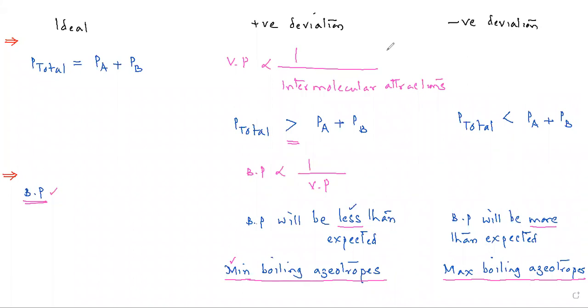Now, in this case, it will be less than 70. The azeotropic mixture will have a boiling point of less than 70 in case of positive deviation, more than 100 in case of negative deviation. Less than either of the two components is positive, more than either of the two components is negative. Let me give the same in detail.